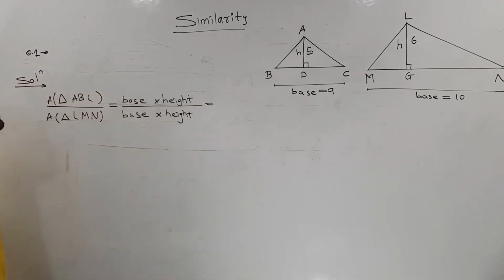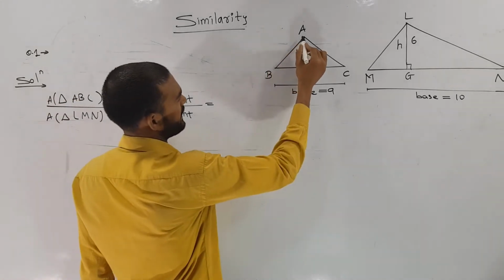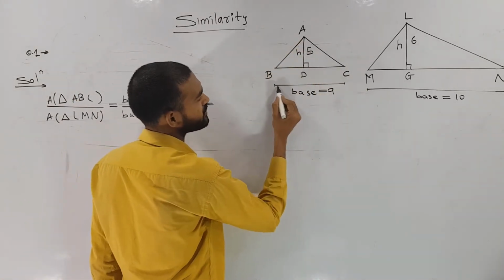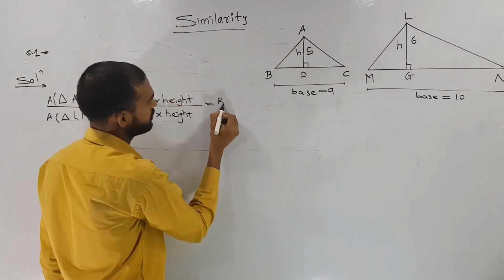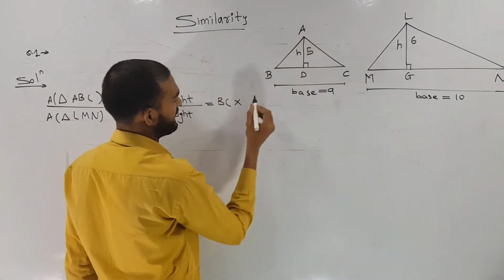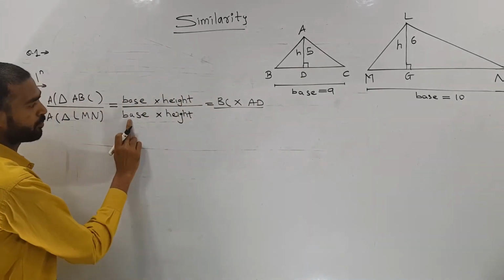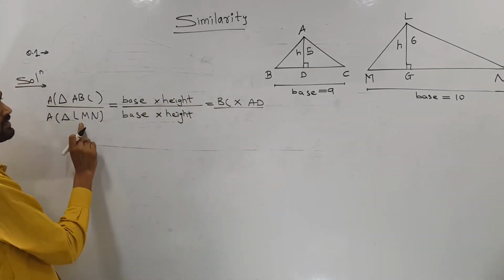Now let us see what is the base of the first triangle ABC. Here my base is BC into what is the height? Height is AD, whole upon the same base into height of the other triangle.